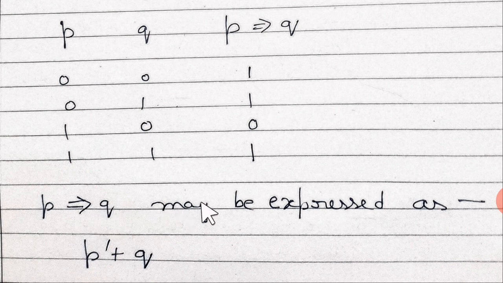So this may be expressed as P dash plus Q, or P complement plus Q. This is a very important topic which I will discuss in future videos. But as of now, you have to learn that P conditional Q may be expressed as P dash plus Q. I hope everybody has understood the concept of conditional well.